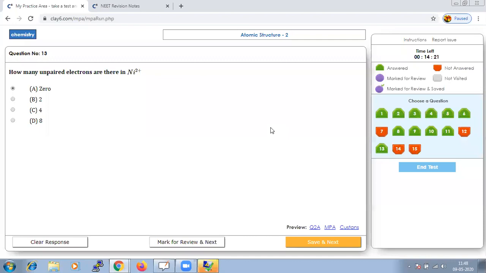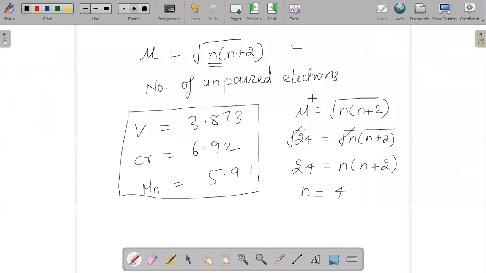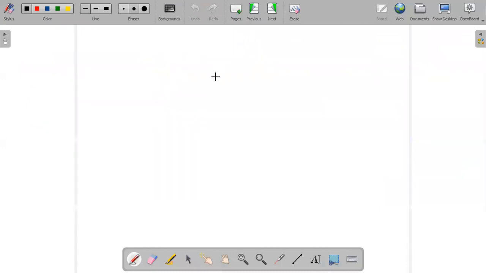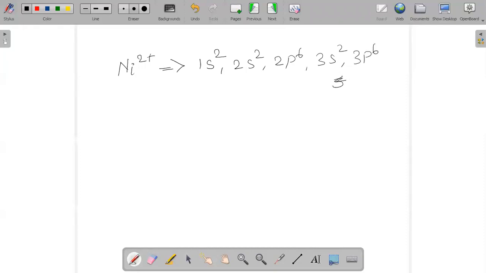So if I do the electronic configuration of Ni2+, it's very simple. Ni2+ will be 1s2, 2s2, 2p6, 3s2, 3p6 and 3d8.